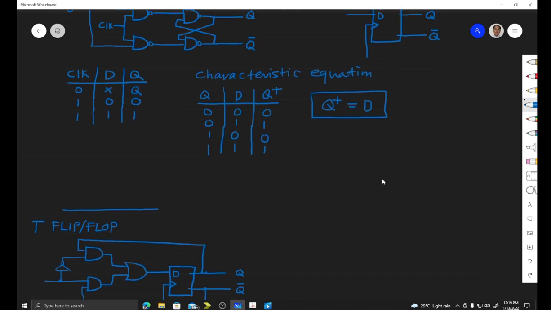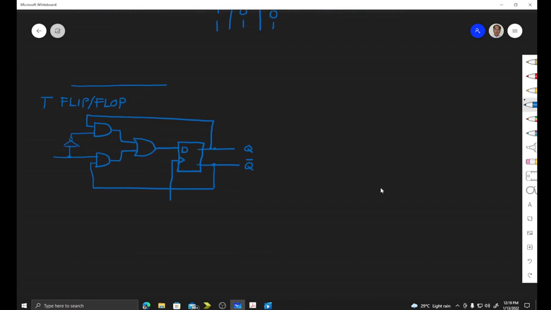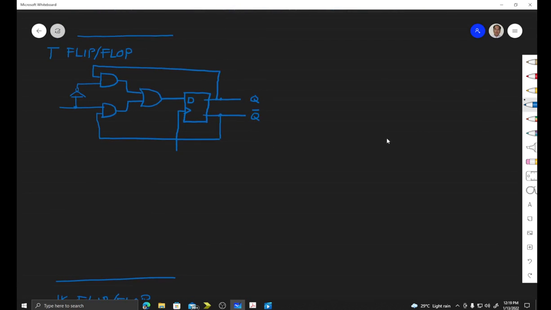So let's proceed to our T flip-flop. We designed it using the D flip-flop, and we just added some components, like this circuit, to generate our T flip-flop. We have this symbol for T: this is the clock input T, and your Q and Q naught.